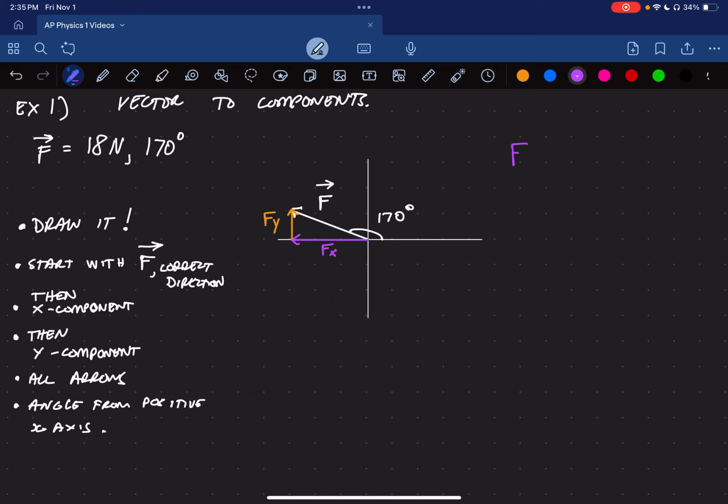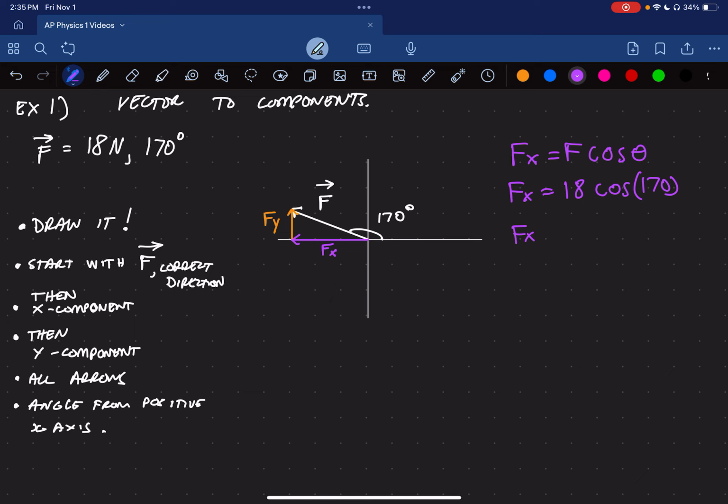So Fx is the magnitude of F times the cosine of theta. So that's 18 newtons times cosine of 170. 18 cosine 170.